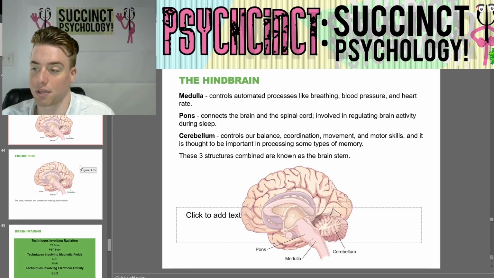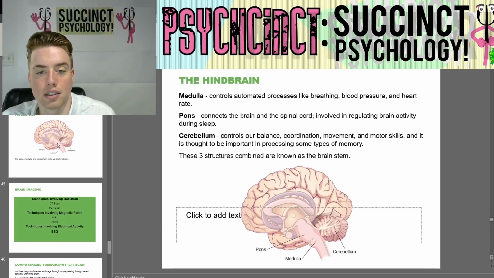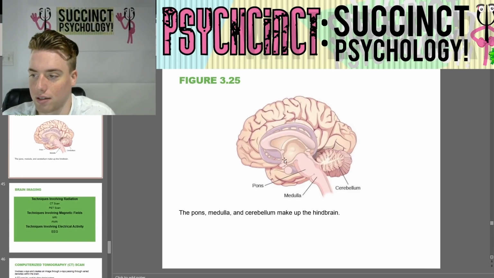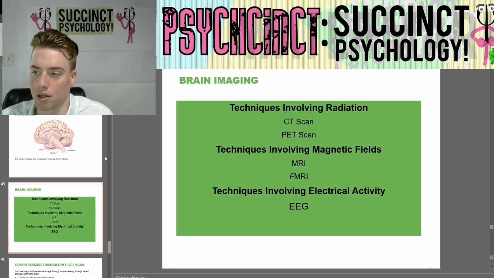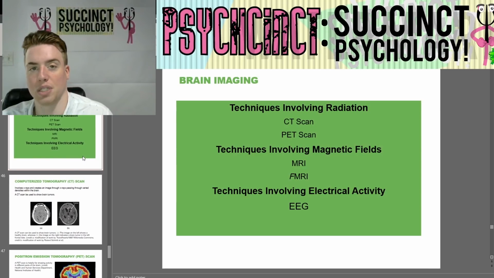So these three structures combined are known as the brainstem. So here you can see, again on the picture, you have the pons, medulla, and cerebellum. So this is what your brainstem is made up of. Once again, more zoomed in pictures, you can see a little bit better. So that's the hindbrain.